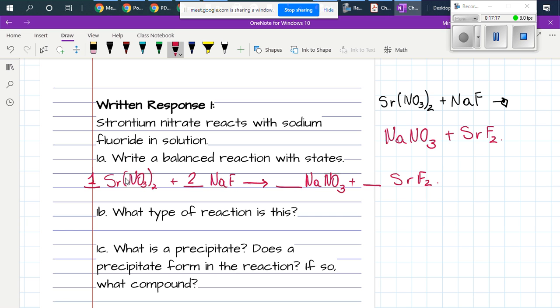It is 2. Now, Camille, what is the coefficient in front of sodium nitrate? And this is 1.